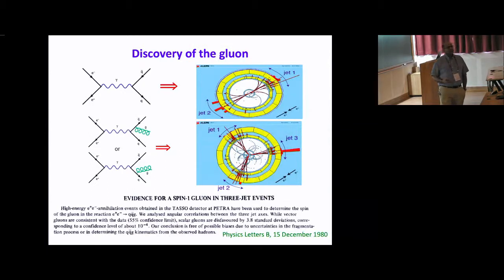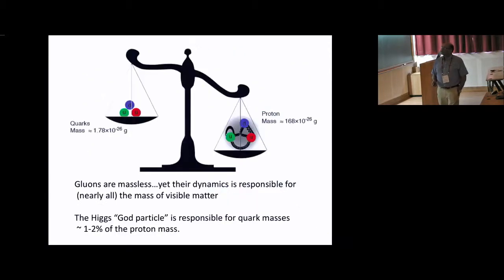And as you heard this morning, one was subsequently able to also really learn about its intrinsically non-abelian nature and put constraints on its mass as well. So this was really a landmark event. Unfortunately, it hasn't received a Nobel Prize for complex reasons, but it's perhaps still not too late.